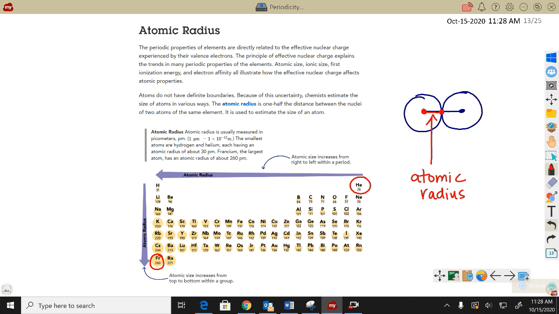That's tiny. And so, yeah, francium wins, with 260 picometers for an approximate radius. But do you see that helium is just a smidge smaller than hydrogen? That's not what I would expect, right? So eventually we might want to be able to explain that. We've got to figure that out.